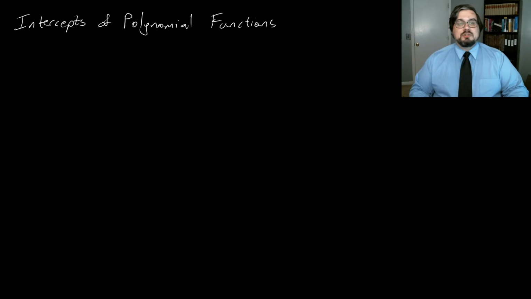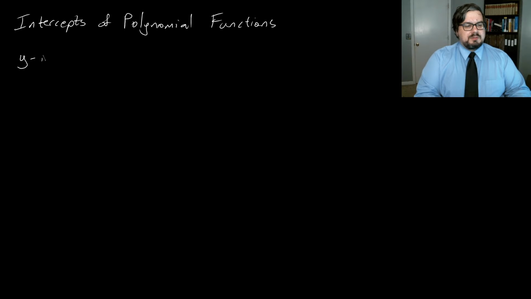However, the x-intercepts we have to do a little more with, and they actually give, in many ways, a lot more of an important look into how the function actually behaves. So, first of all, the y-intercept occurs at the point (0, f(0)).